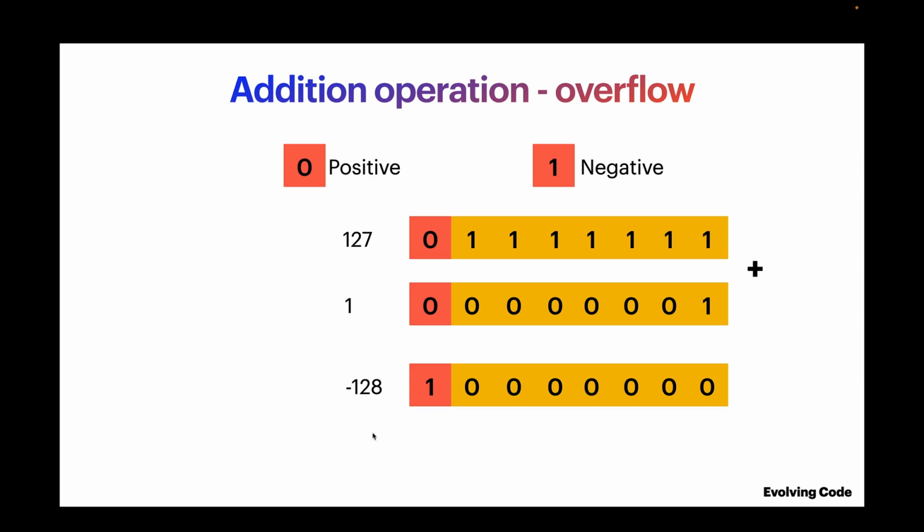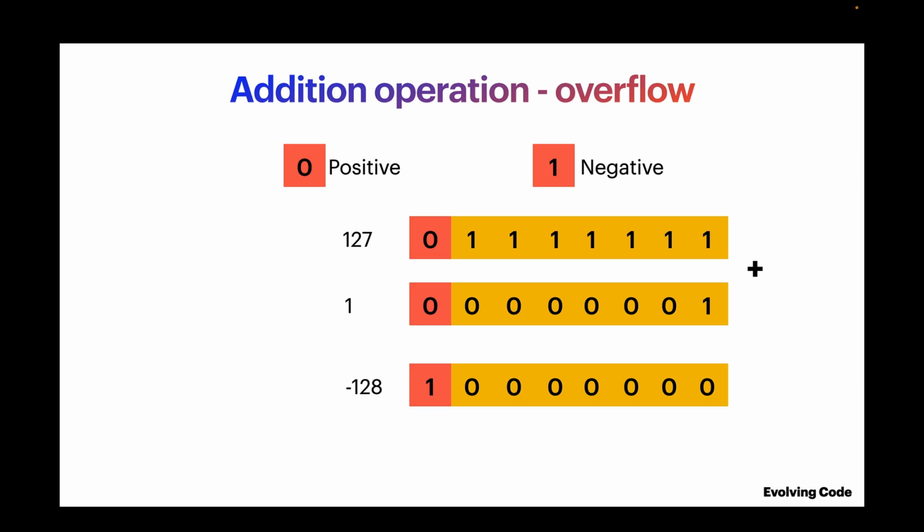Same thing will happen if you subtract 1 from minus 128. It cannot become minus 129, it will become 127. But then you see that we did not get any type of exceptions in the code.